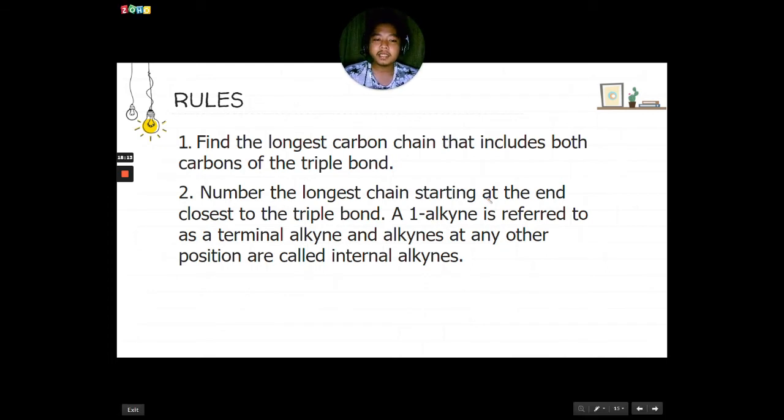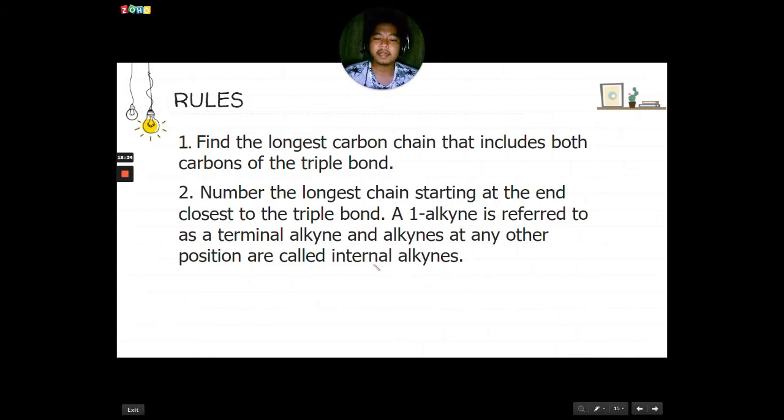Then we number the longest chain starting at the end closest to the triple bond. So, as I've mentioned, a 1-alkyne, minsan hindi na natin sinasali. Halimbawa, 1-heptine, we simply say heptine, is referred to an alkyne, a triple bond in a terminal, or a starting carbon.